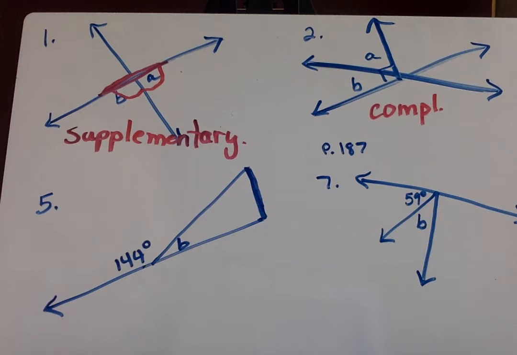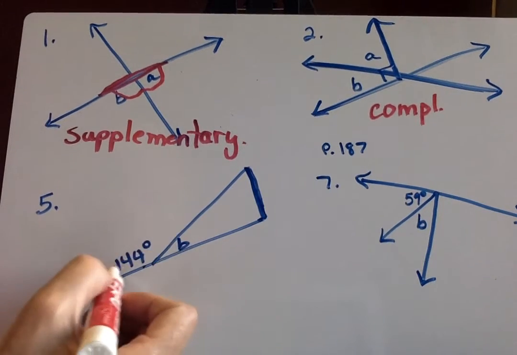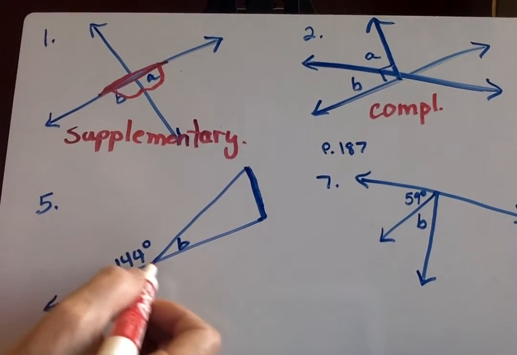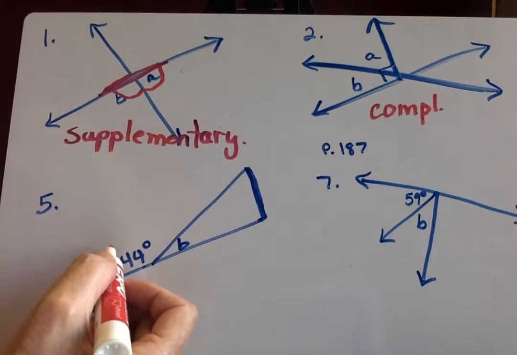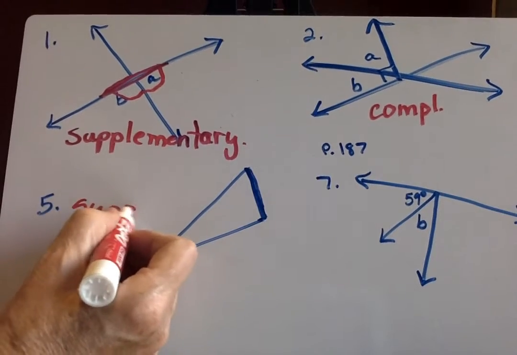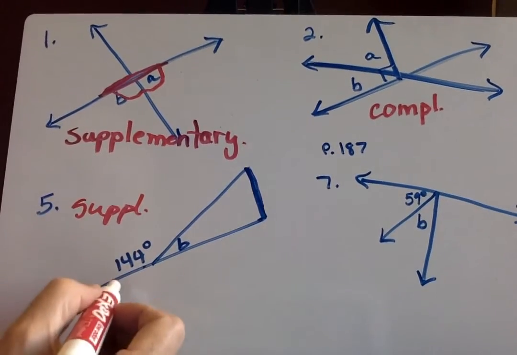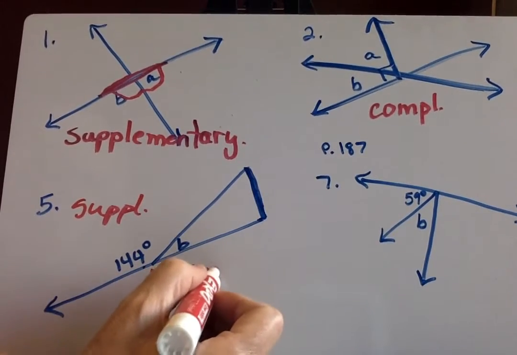Number 5, identify the relationship and find the measure of the unknown angle. Okay. So if I have B and A, does that make a straight line or does it make a corner? It makes a straight line. So the relationship is supplementary. And we're going to say B plus 144.